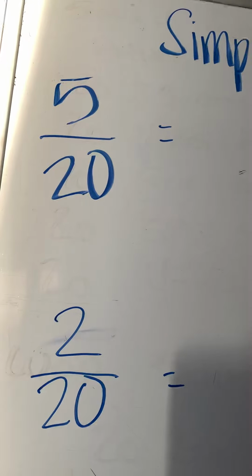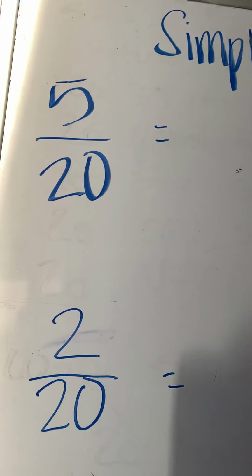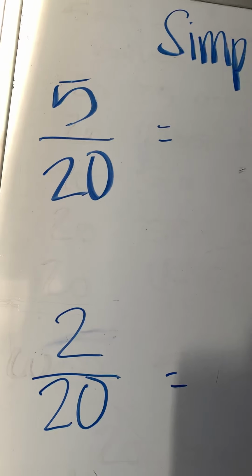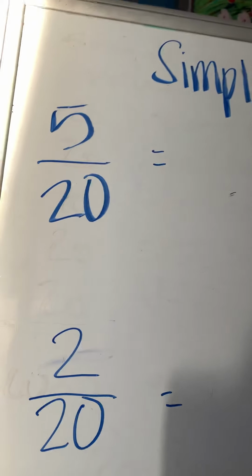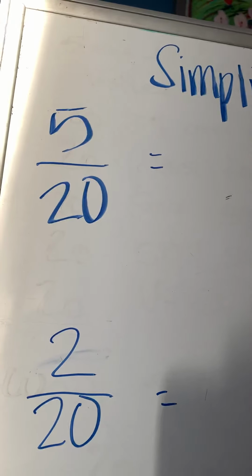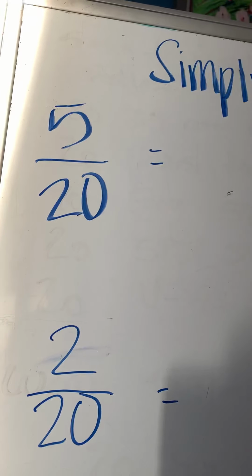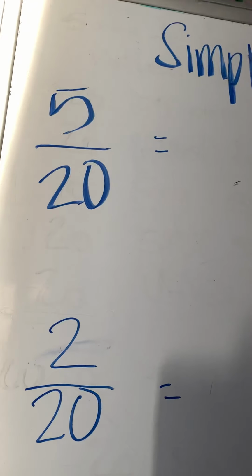One easy thing is when it is an odd number, 3, 5, 7, 9, and so on, usually we just look at that number to see if it can go into the denominator. So I know that 5 can go into 5 and 5 can go into 20.